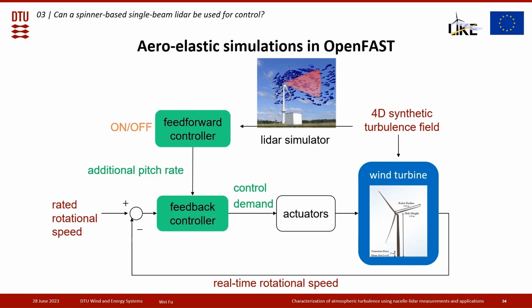Here we simulate the scenario with feed-forward control and two different LiDARs. First is the spinner-based single-beam LiDAR. And we also simulate the nacelle-based single-beam LiDAR just to compare how much benefit.